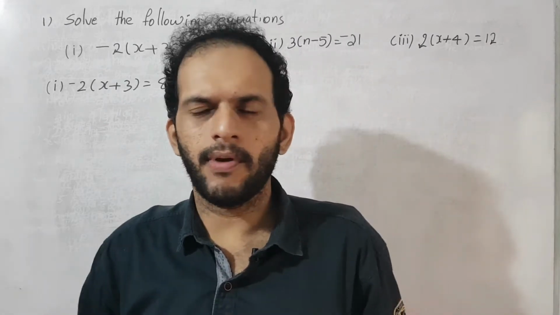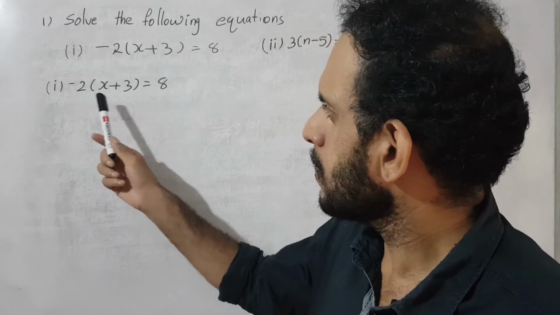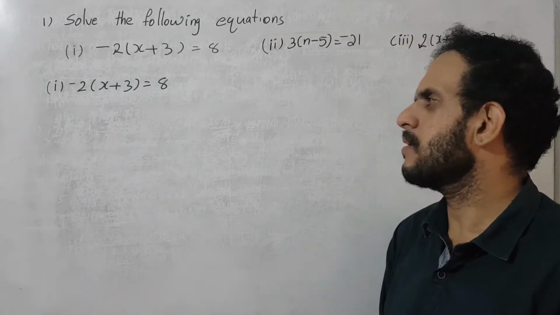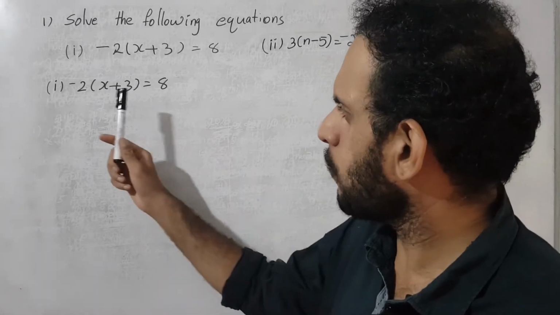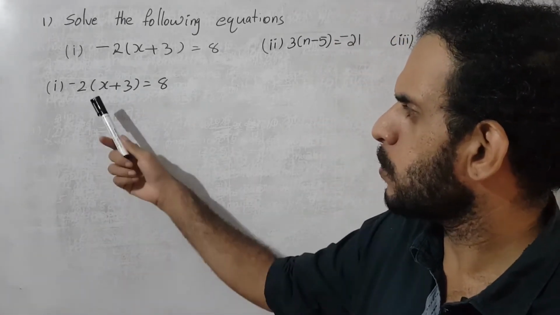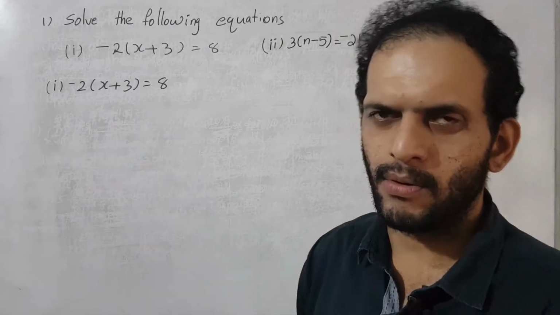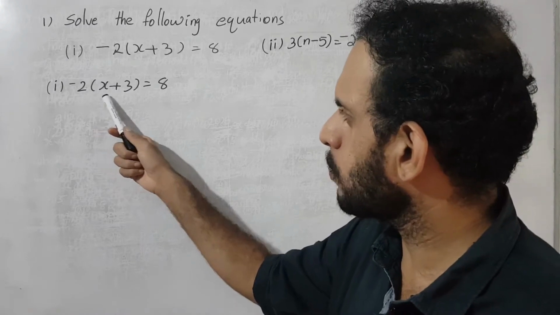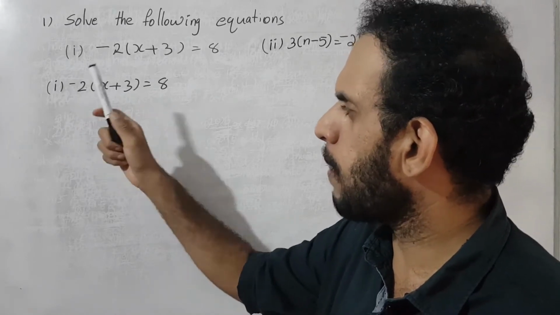But here what is the difference? Here the difference is only this much. Here we have minus 2 into (x plus 3) is equal to 8. The variable lies in the LHS part, but the difference is that this is not separate things. x plus 3 is not just an x plus 3 by itself. Here we are multiplying both x plus 3 by minus 2.